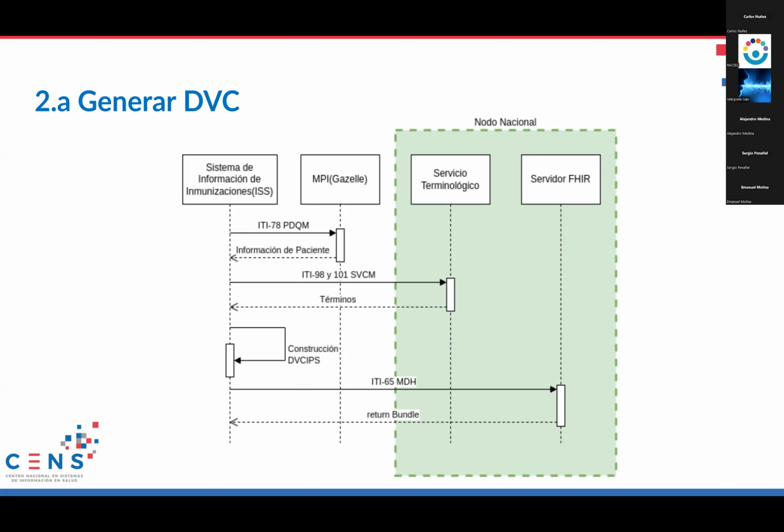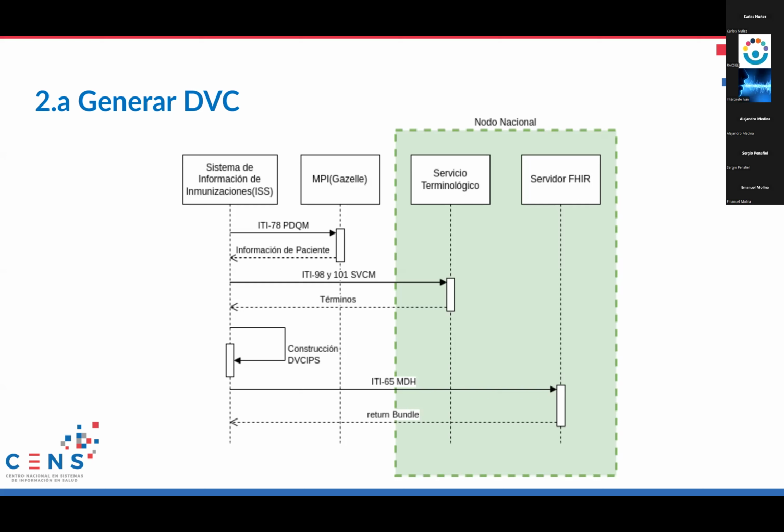And then we have the ITI-65, once the IPS bundle has been put together, which will give you a transaction response on the elements that will be built or created in the server. It's very similar to track 1. So you're going to be taking this structure, which is proposed by ITI-65, the bundle minimal.